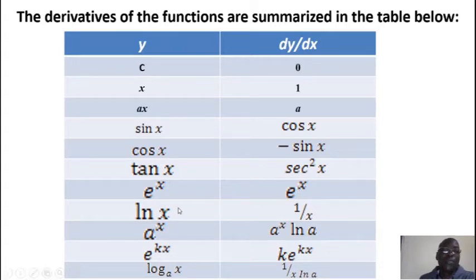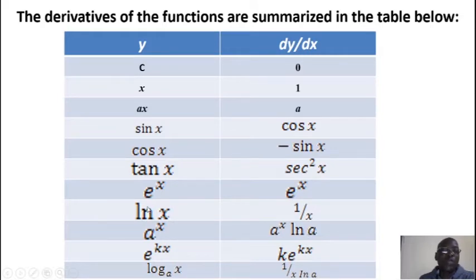This is logarithm: y is the logarithm of x to the base e. That's the meaning of this. dy/dx becomes 1 over x. And if y is a raised to power x, dy/dx becomes a raised to power x log a.